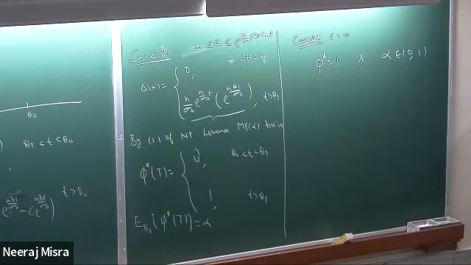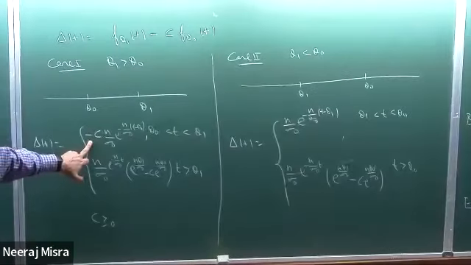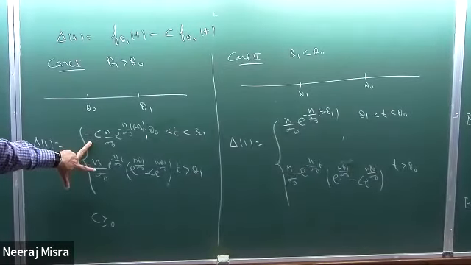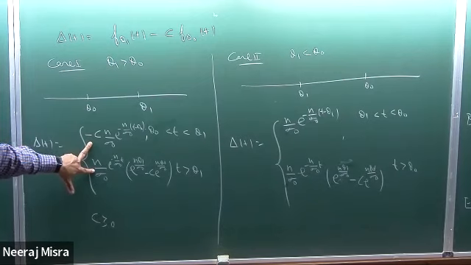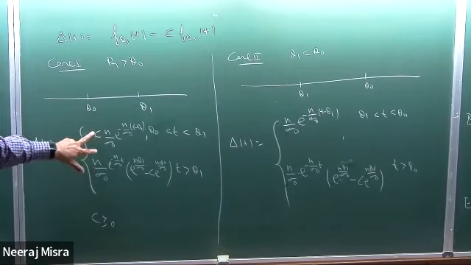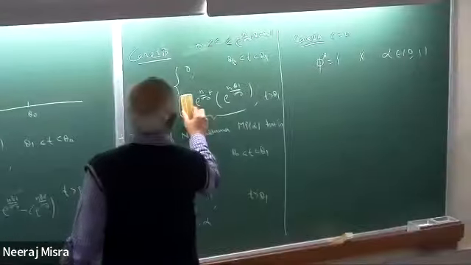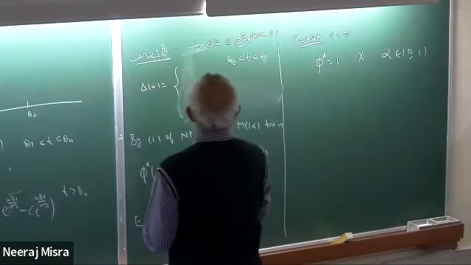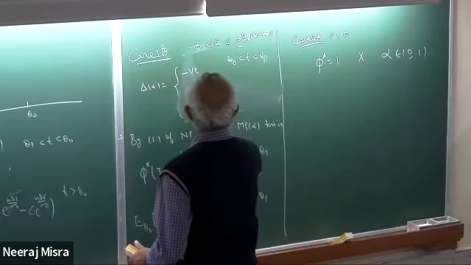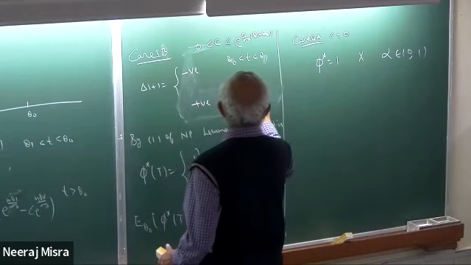Now what happens in this situation? C is positive, so here it is negative, and over here it is positive. So in this range it has to be 0, and in this range it has to be 1. So my phi star would be some negative quantity, some positive quantity, if T is greater than theta 1.